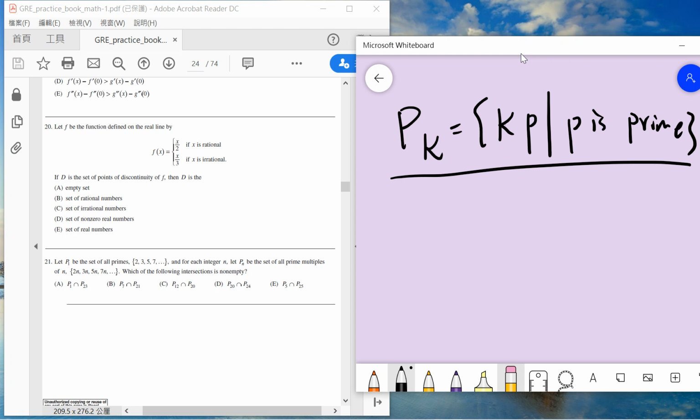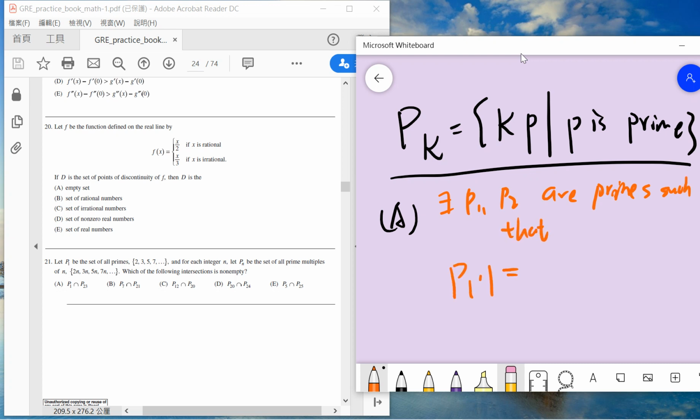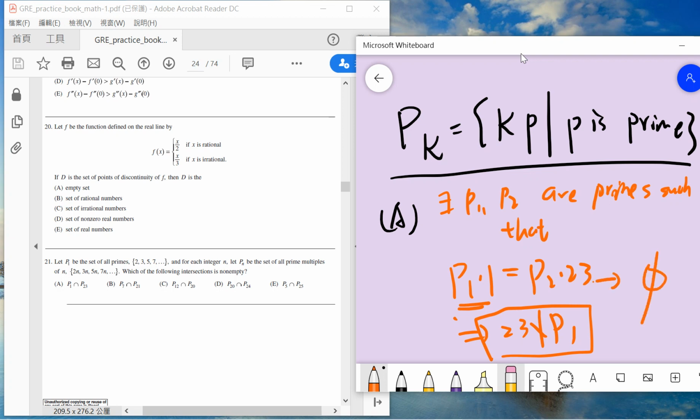For choice A, if there is a solution, there exist primes P1, P2 such that P1 times 1 equals P2 times 23. This is impossible because P1 is prime, so 23 cannot be a factor of P1. So this is the empty set.